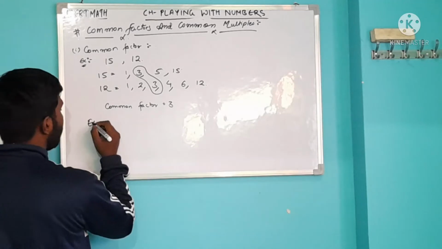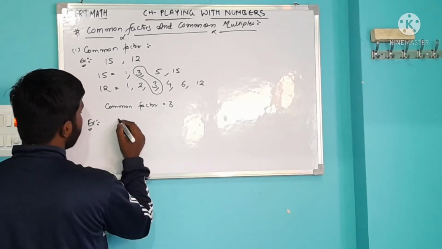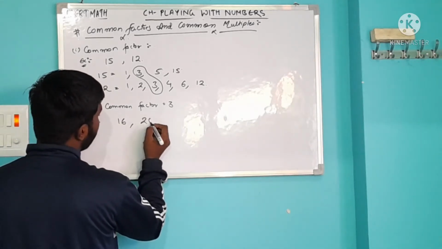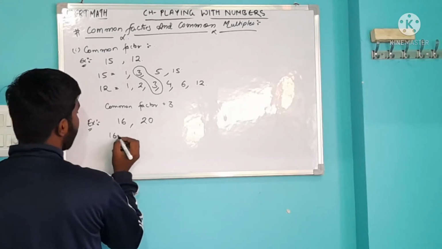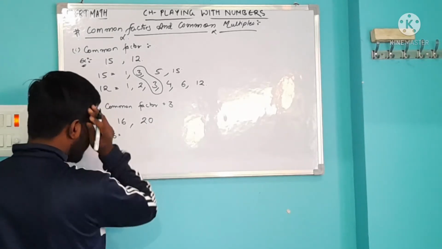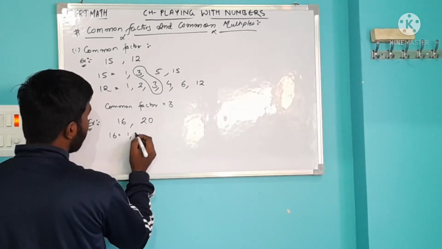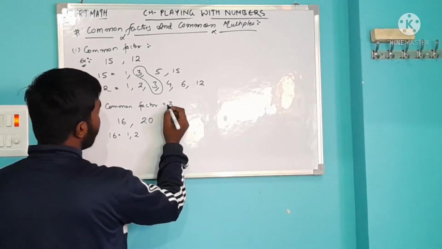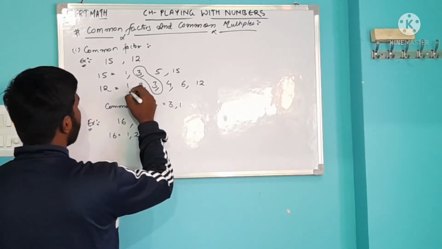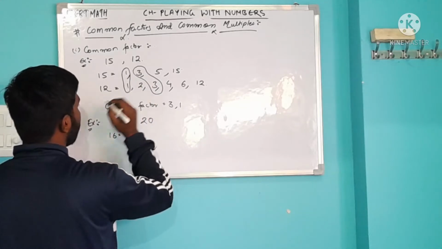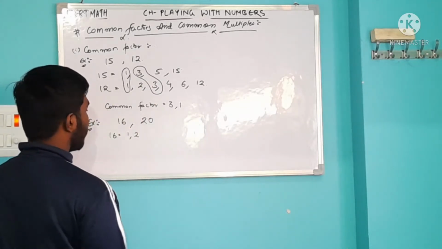With another example, we have 16 and 20. Again individually we find the factors of each number. For 16 we have 1, 2, 4, 8, and 16. 1 is also common here; 1 is a universal factor.